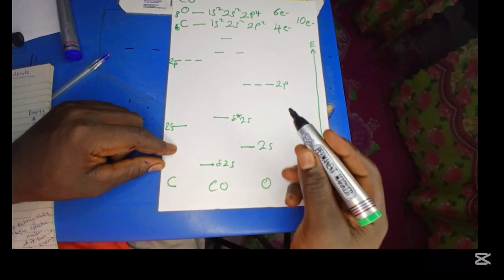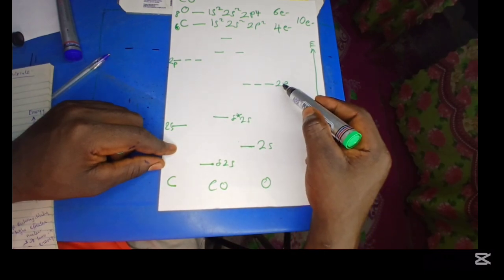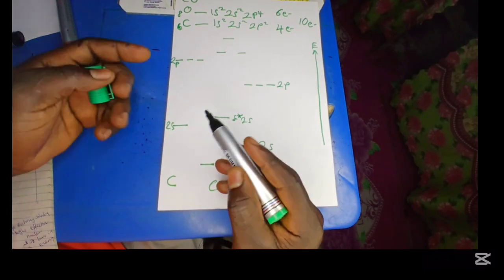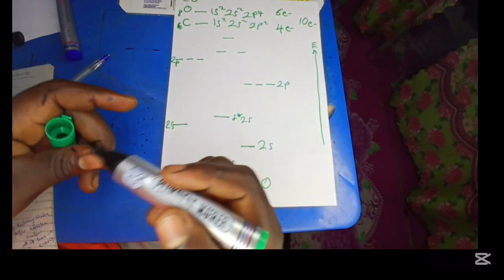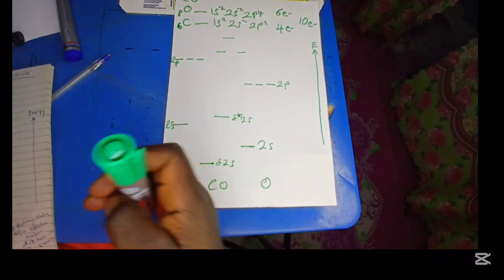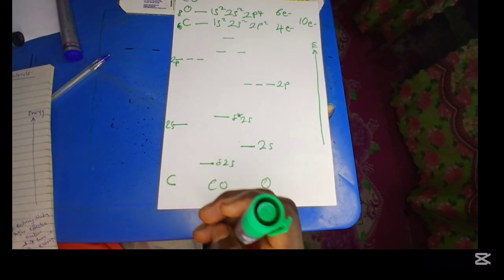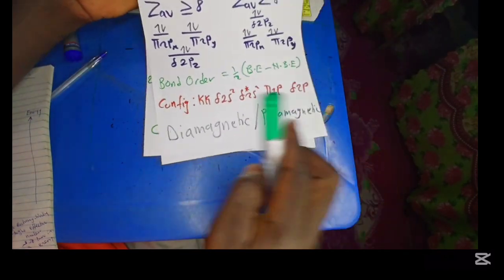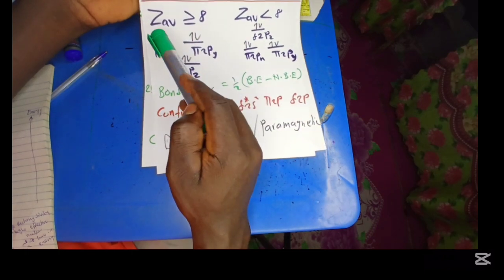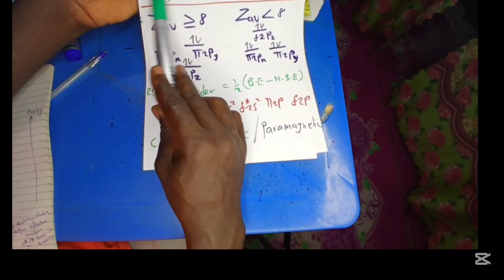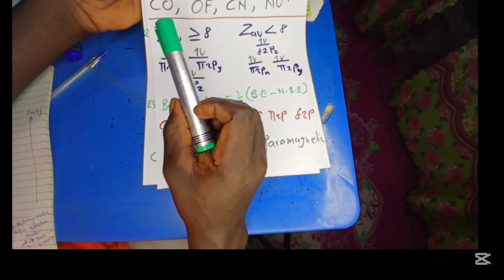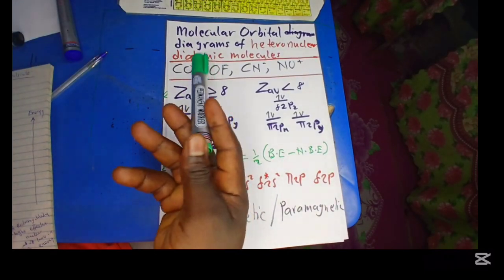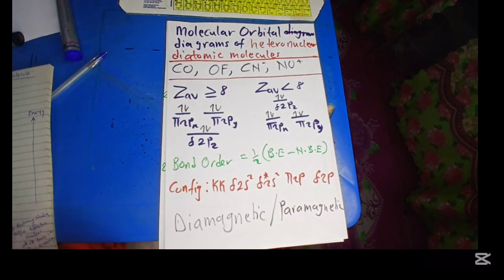If the 2p orbital of oxygen and the 2p orbital of carbon overlap, they are going to give us certain molecular orbitals. Before we draw that, let me explain this to you. We have to look at the average atomic number of the atoms involved in the molecule.